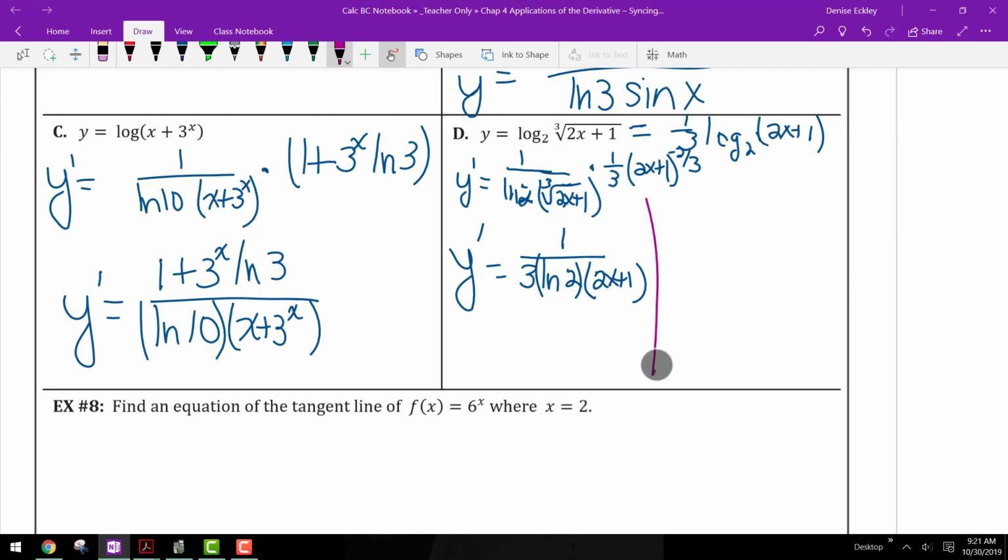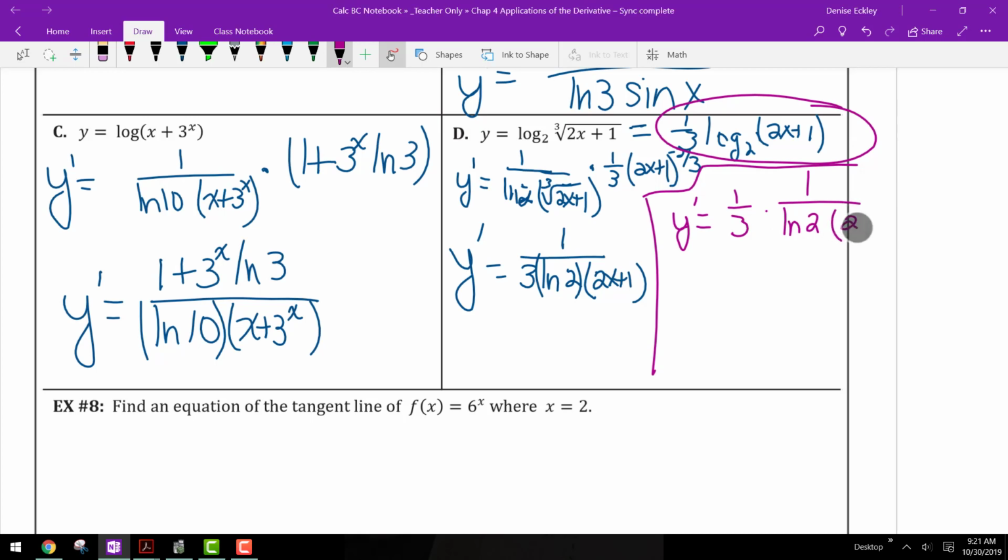The other way would be using that form. So y prime is going to be that 1/3. Then we're going to have 1 over ln of 2, and then we have the 2x plus 1. And then, oh, I forgot part of this here. I forgot to take the derivative of the 2x.